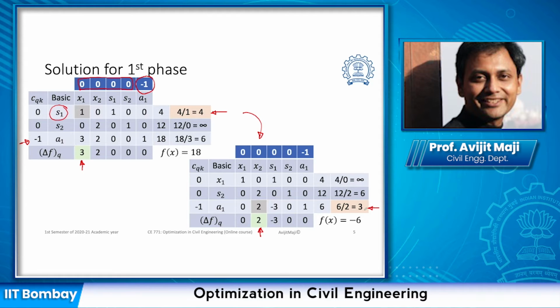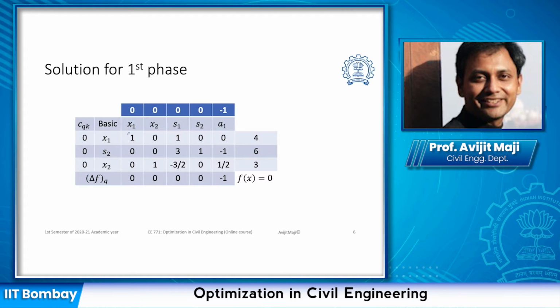Once we replace this, we get the revised tableau which looks like this, and at this point, once we calculate the del fq for all the non-basic variables, we see that those values are either 0 or negative. So there is no other non-basic variable which we can use to replace a basic variable. So at this point the first phase ends and we obtain the basic feasible solution and the tableau to carry it forward for the second phase.